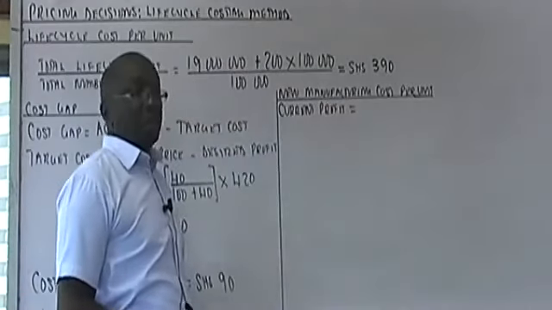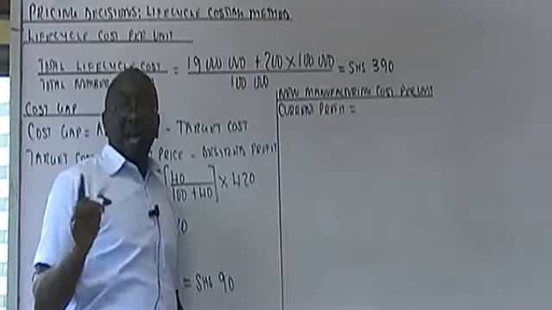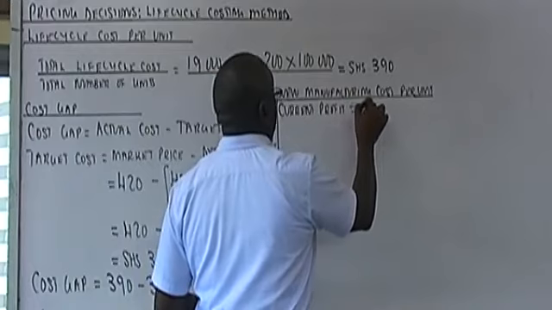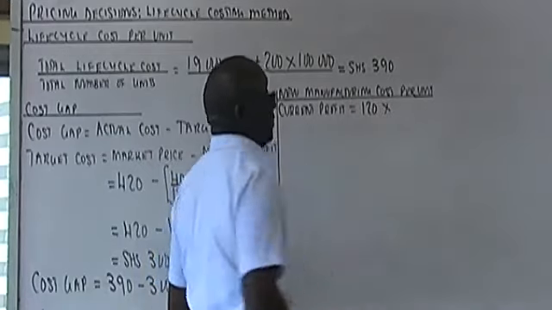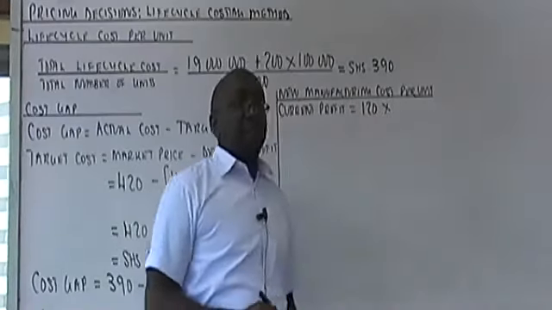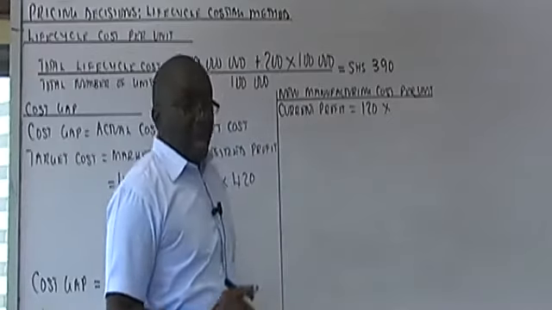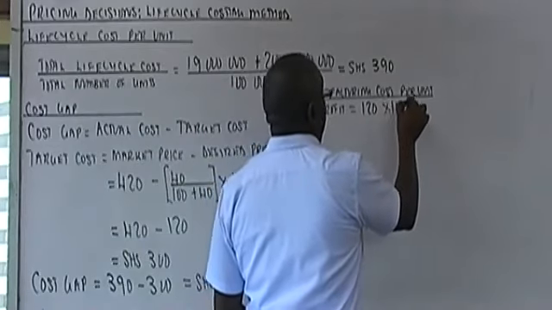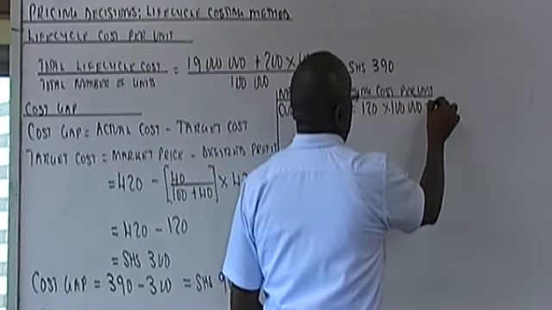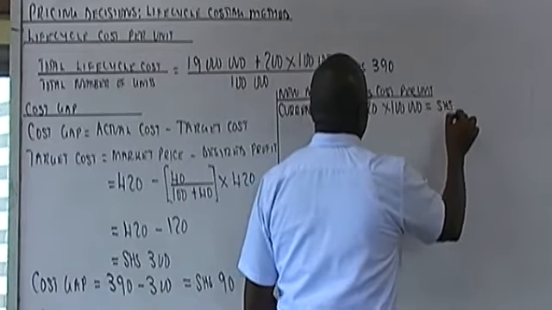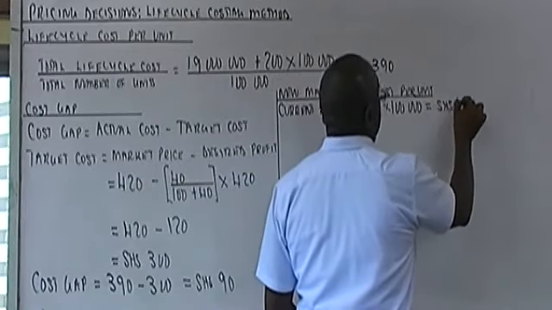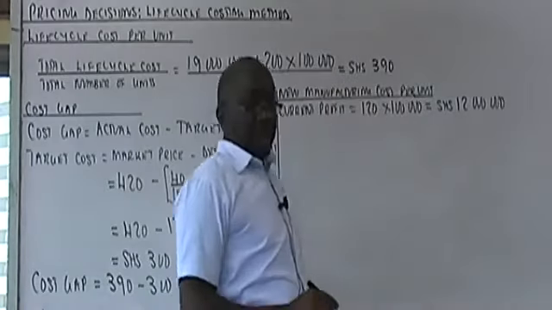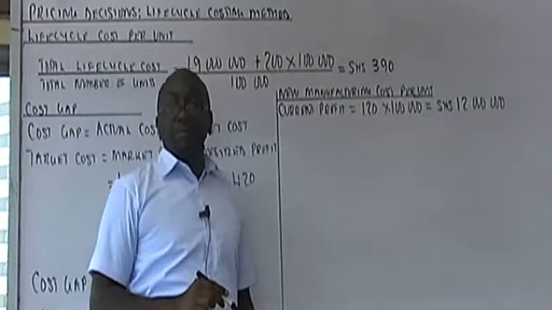We are already in the know that 1 unit is giving us a profit of 120, and we are also aware that we are producing 100,000 units. So that means currently we are making a profit of 12 million.